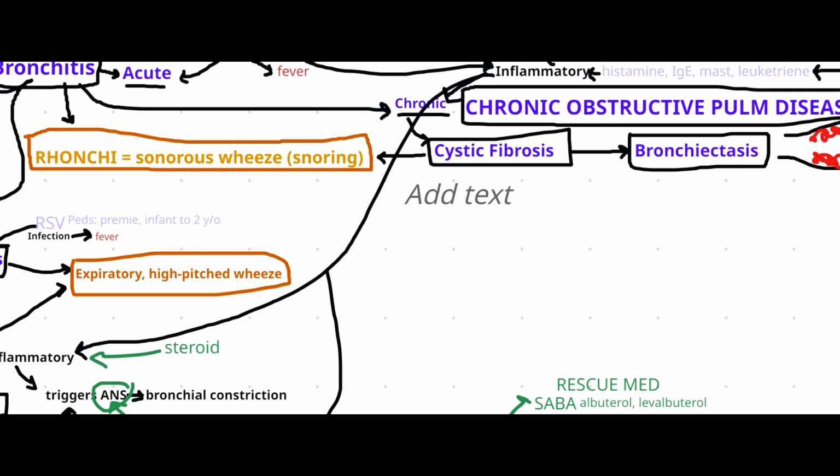Okay, mucolytic because the mucolytic breaks down the mucus, right? This would be commonly a Dornase alpha. Okay, could be Mucomyst, which is N-acetylcysteine.